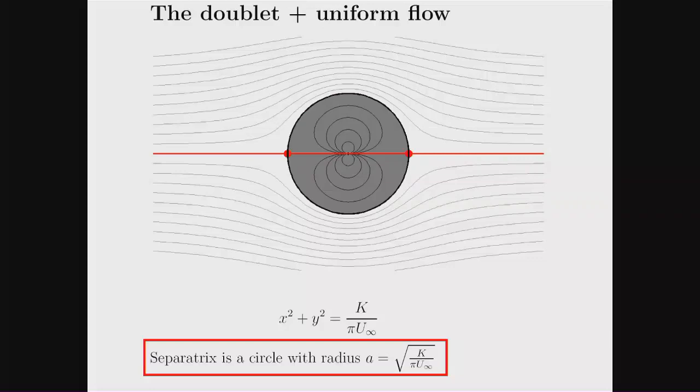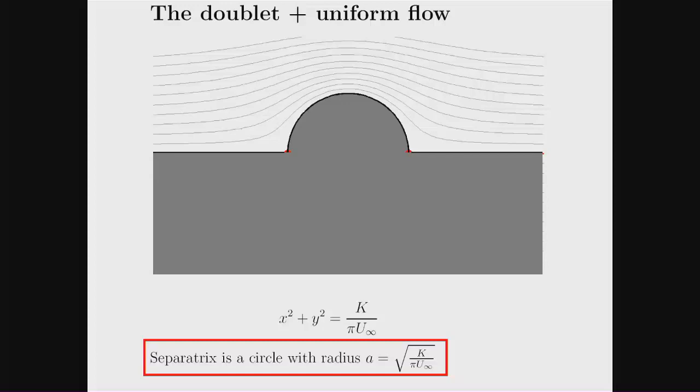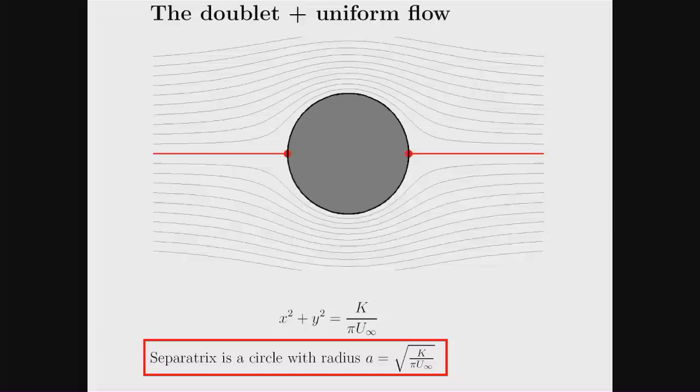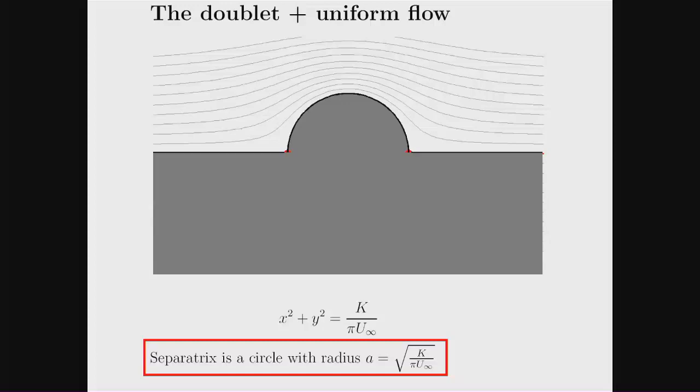So I can replace my separatrix with a solid boundary, and then what I get is a flow over a cylinder. I can also replace my other separatrix, the horizontal line, with a solid boundary, and now I get to model a flow over a bump.